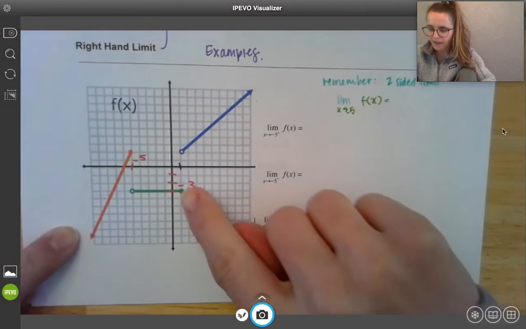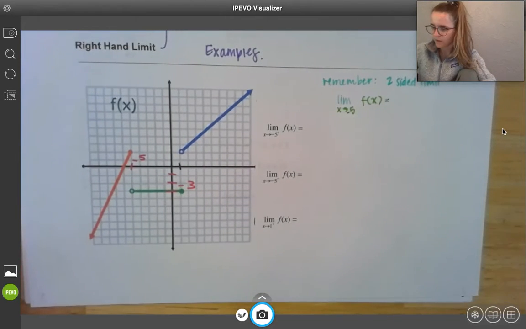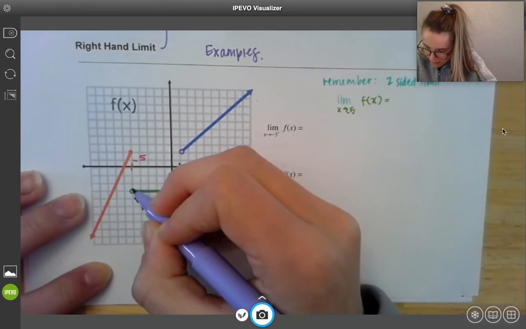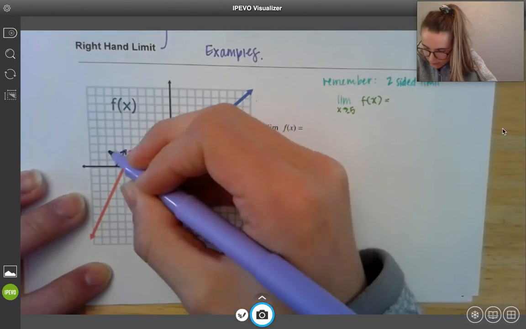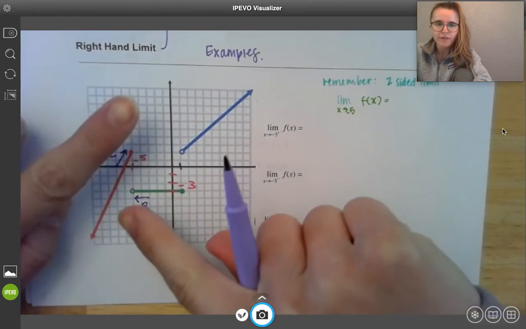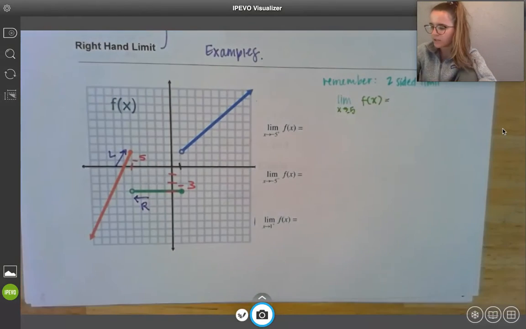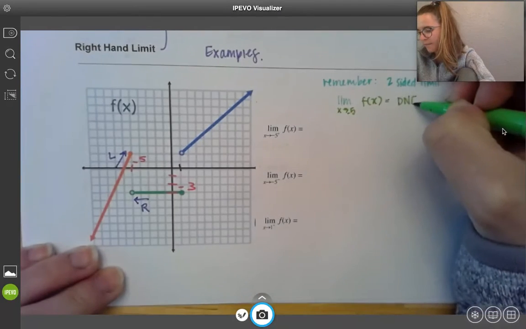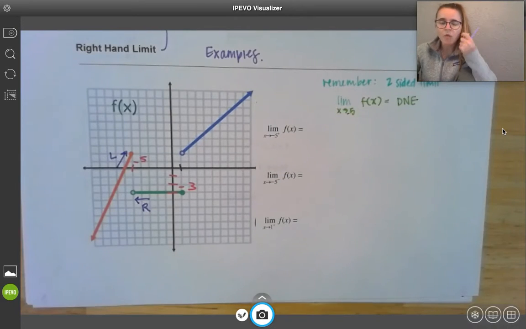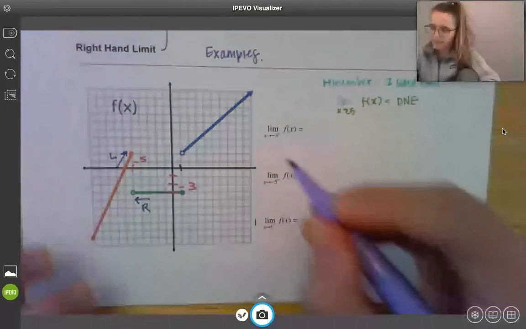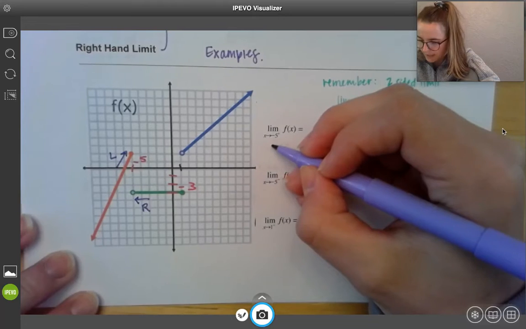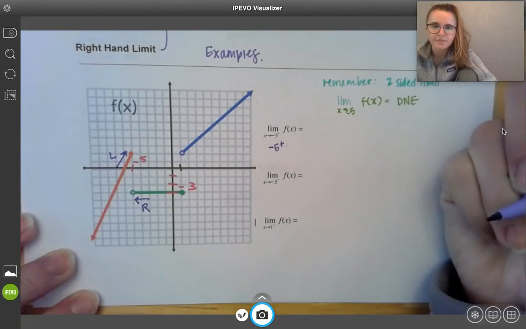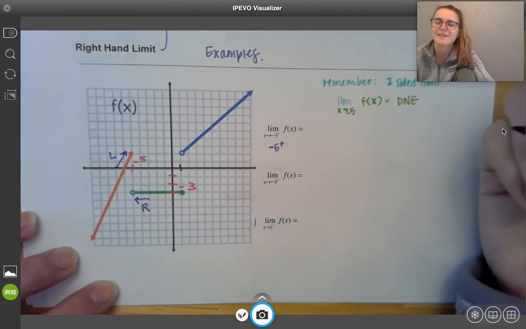If we look at -5 from the right, and I'll draw that in, we're approaching this value. From the left, we're approaching this value, and those are two different values. Because our hands don't meet, we do not have a limit. This does not exist. However, you'll notice that this one here is -5 plus, from the right because it's positive.